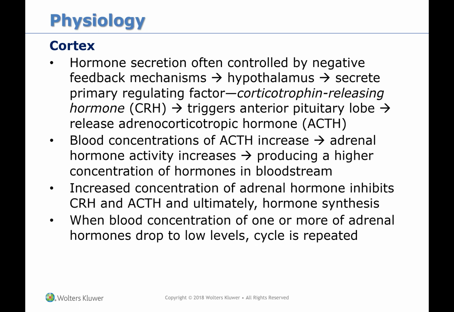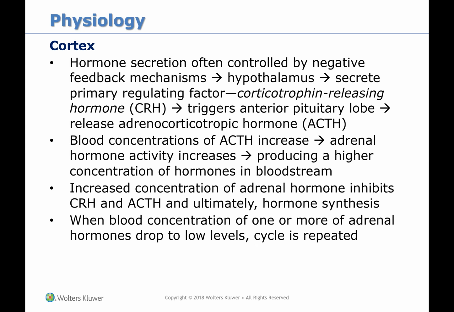The hormone secretion is kind of like the ovary, where we're talking about a negative feedback mechanism. The hypothalamus secretes the primary regulating factor, the corticotropin releasing hormone, which triggers the anterior pituitary gland to release a hormone called adrenocorticotropic hormone, or ACTH.